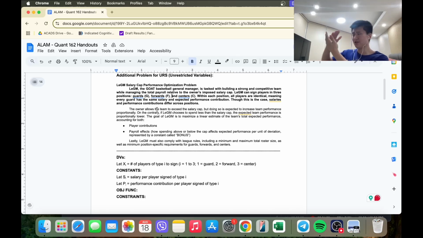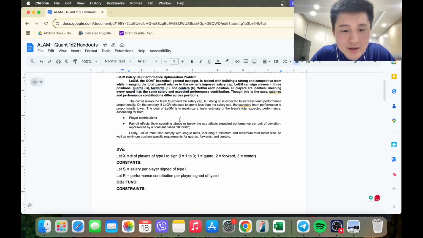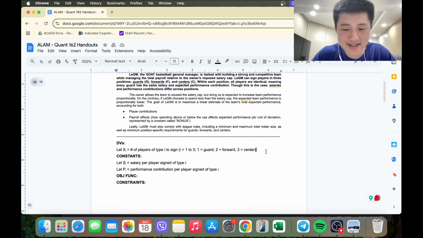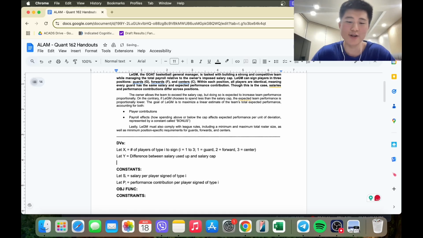So we need a variable, which is going to be our URS, to show the difference between the total salary used up and the salary cap. So let y, which is a URS, be that. It's the difference between the salary used up and the salary cap.